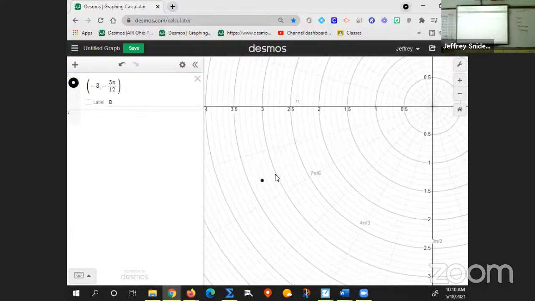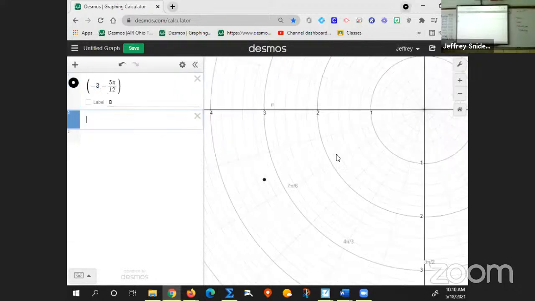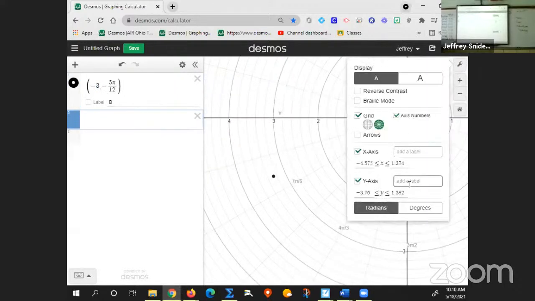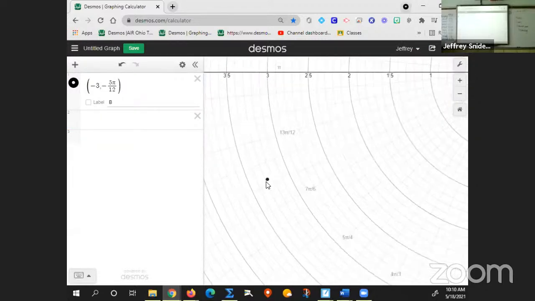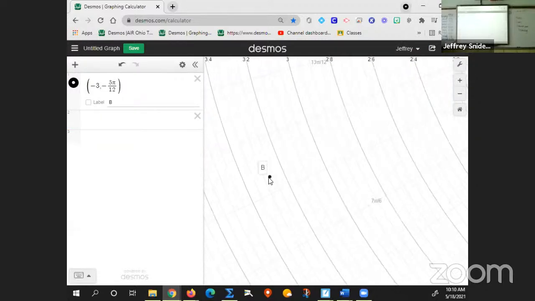I'm not sure why that's not. Where's my scale set at over here? Let's get this out of here. I'm not sure why that's not putting it.